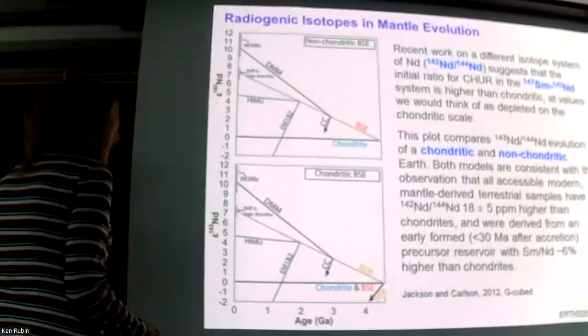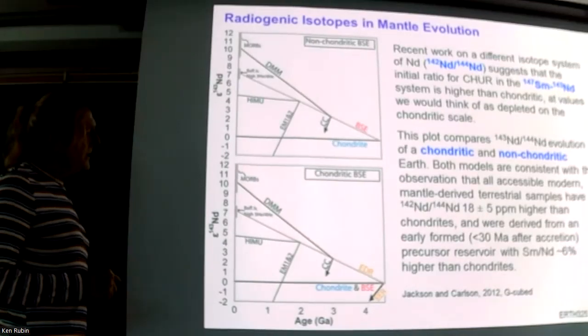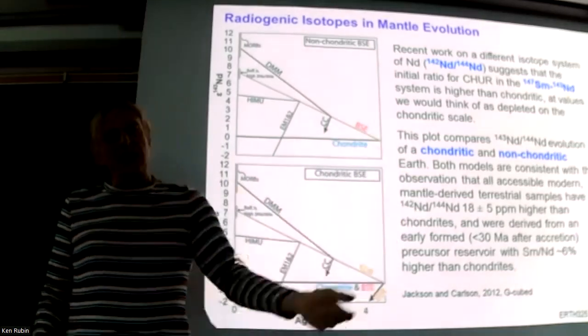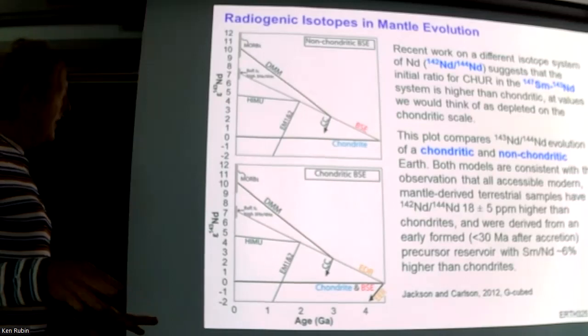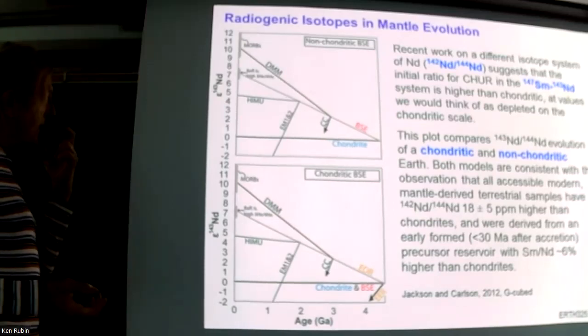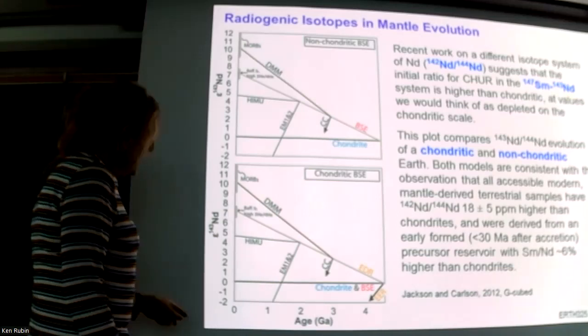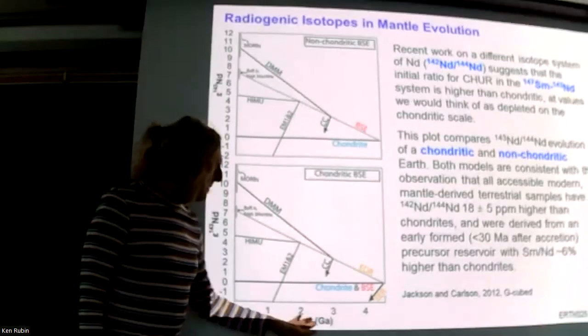So these are the names of some of the reservoirs that we have in our initial Earth. BSE stands for bulk silicate earth, the chondritic uniform reservoir that we assume, which works pretty well for neodymium isotopes, not so well for strontium isotopes. We can see age moving from the present going back into the past.